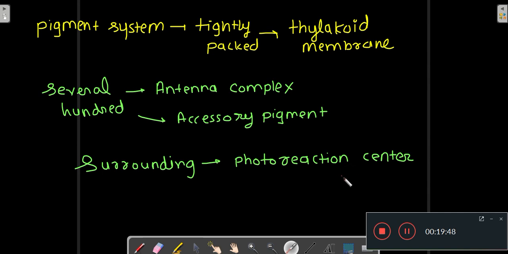The photoreaction center is in the middle, and around it there are several hundred antenna complexes and accessory pigments. This is how your pigment system exists in the thylakoid membrane.